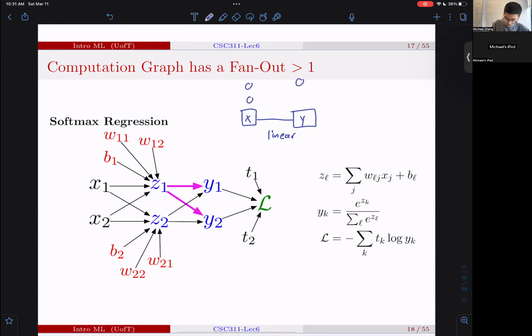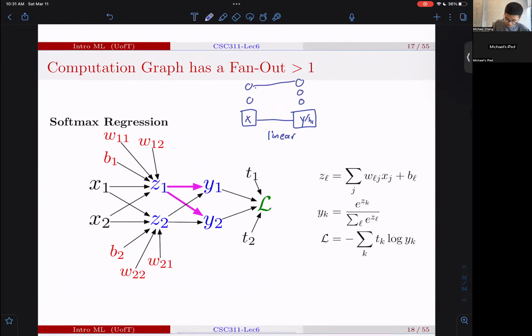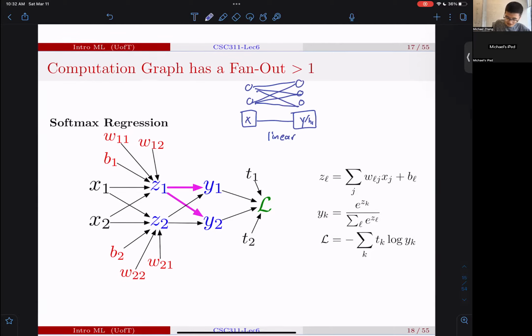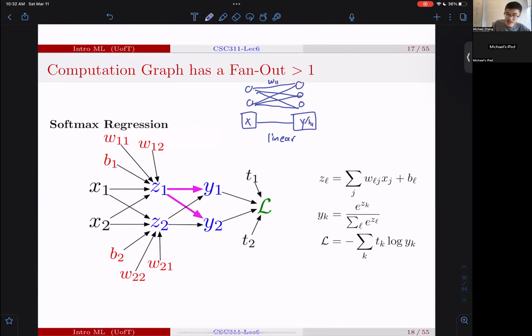So if x had 2 units and y had 3 units, or could be H1 more generally, we would have connections from every unit in the first layer to every unit in the second layer. And we label the connections like W sub 1, W sub 2, 1, and so on.